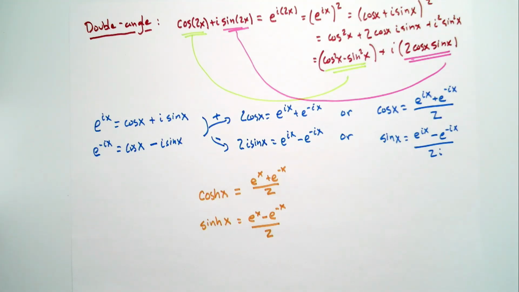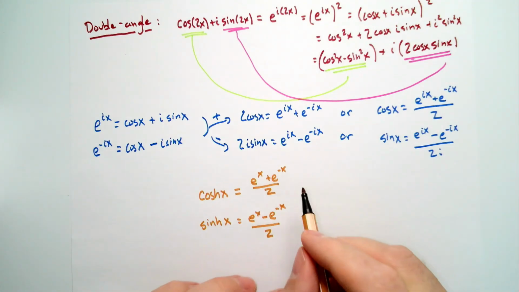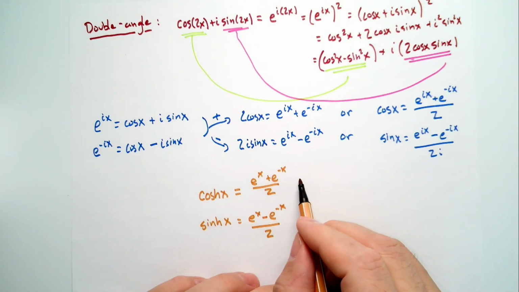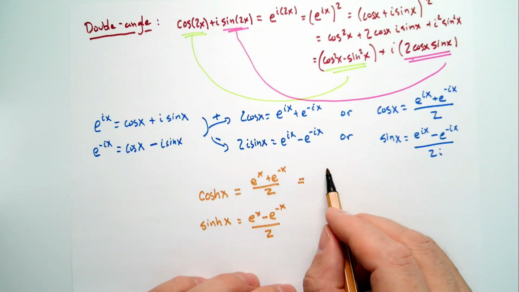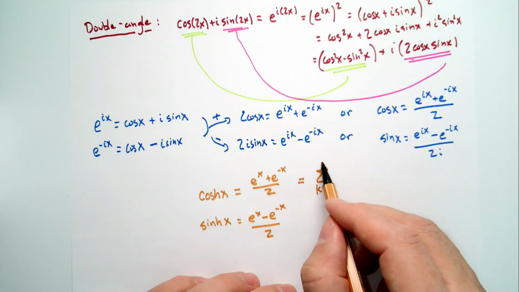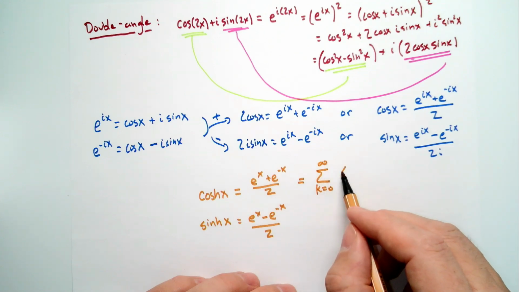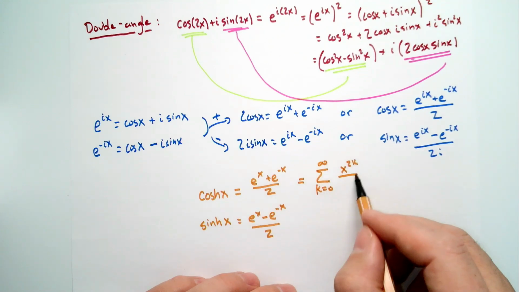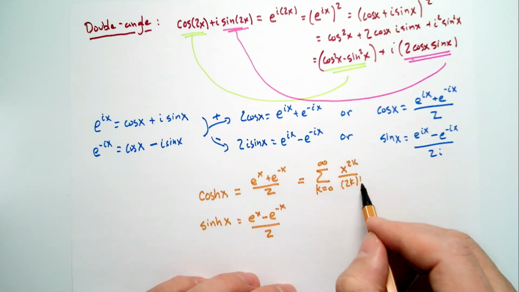Now, we're going to almost stop here. I can't leave without making one last comment. Since we are doing Taylor series, if you were to do the Taylor series for cosh, it actually turns out to be really beautiful. That's the sum k equals 0 to infinity of x to the 2k divided by 2k factorial.